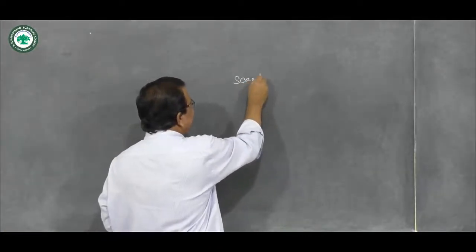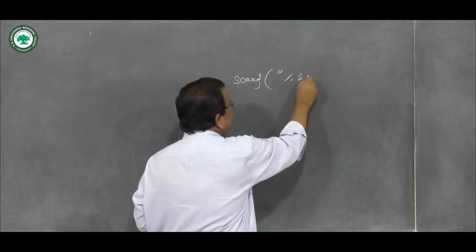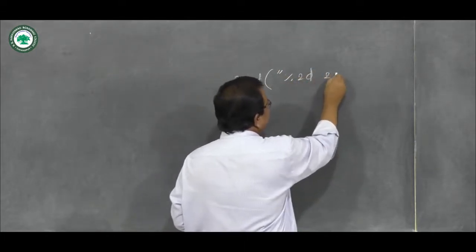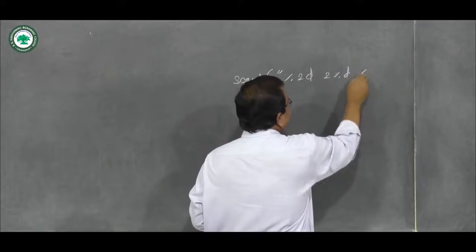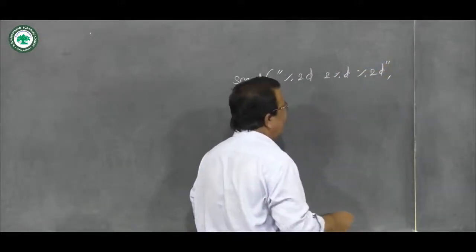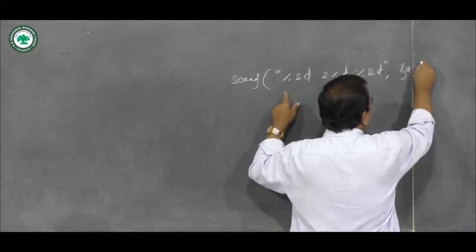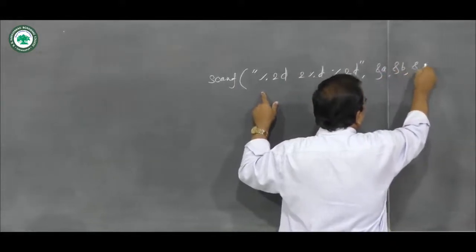So here I am writing one example. Scanf, in the control string %2d space %2d, double quote complete, comma, and here I am entering &a, &b and &c.